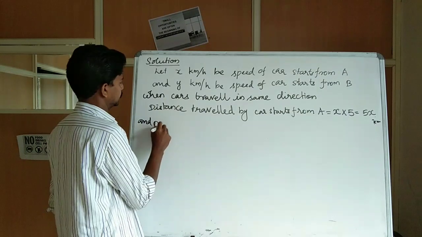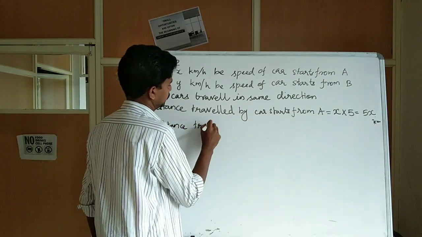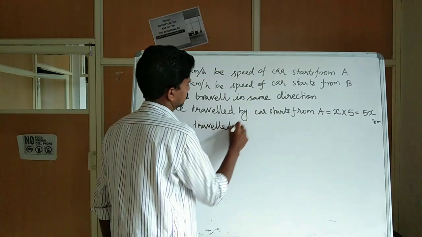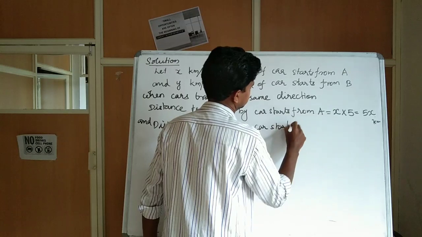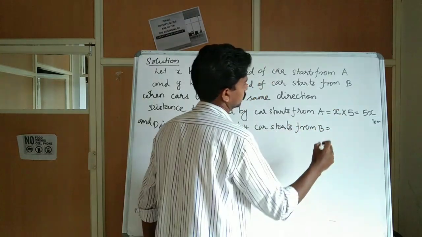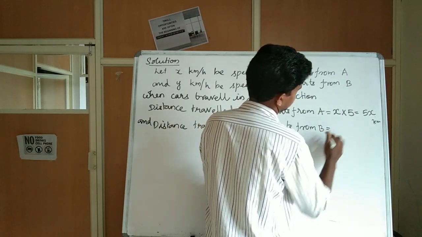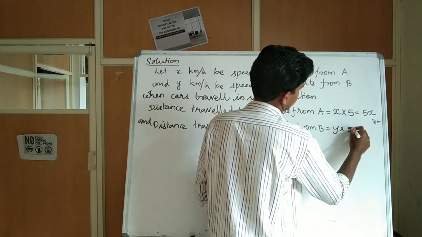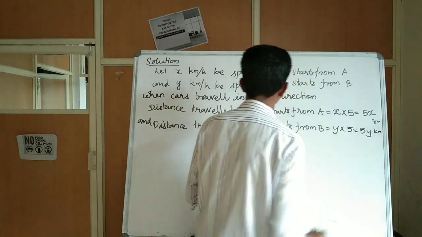And the distance traveled by the car that starts from B is equal to speed into time, that is 5y kilometer.